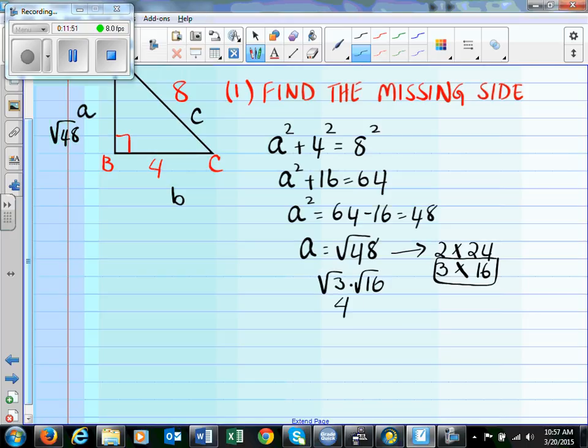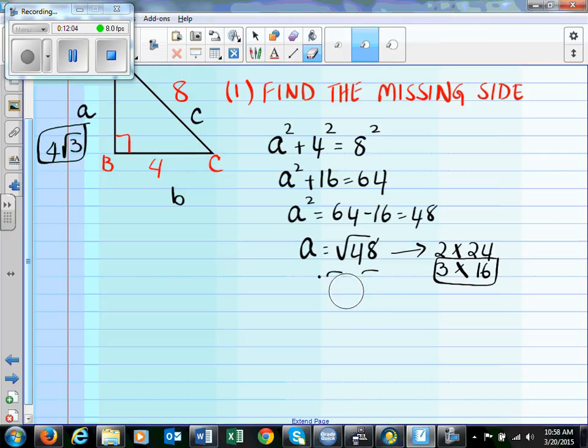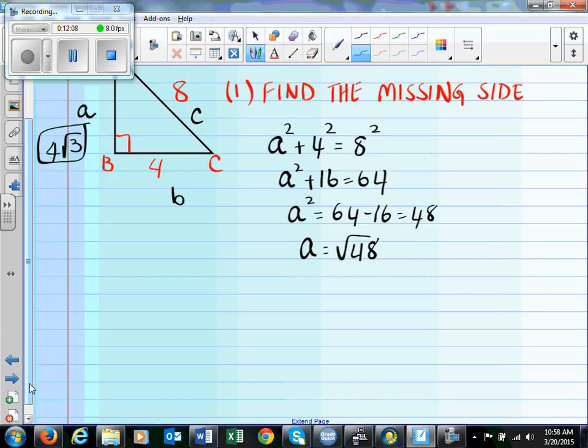So the square root of 48 can be written as 4 square root of 3, and all that is left is to apply SOHCAHTOA to get the 6 trig ratios. So I'm rewriting the square root of 48 as 4 times the square root of 3.